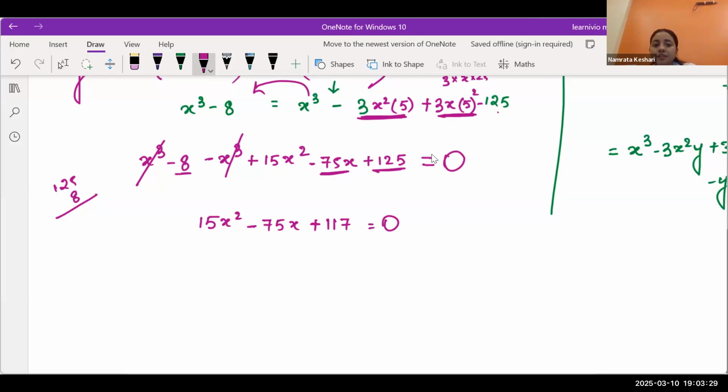And yes, it is quadratic in form. This is a quadratic equation, right, Rayyan?